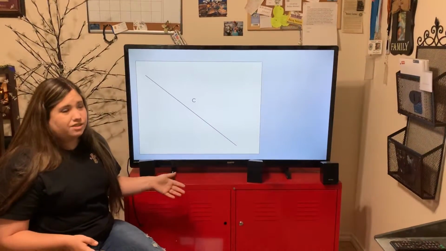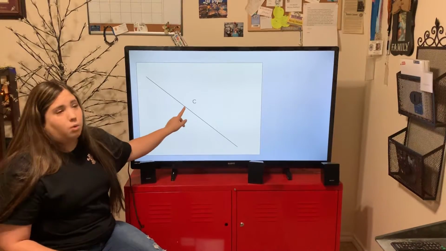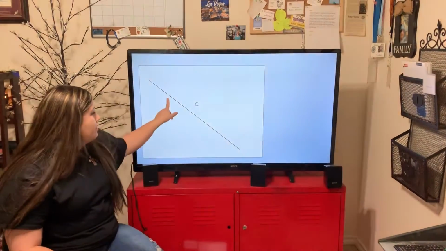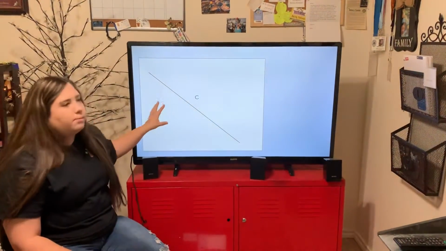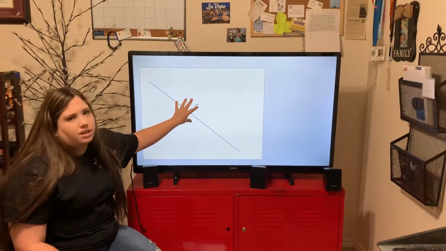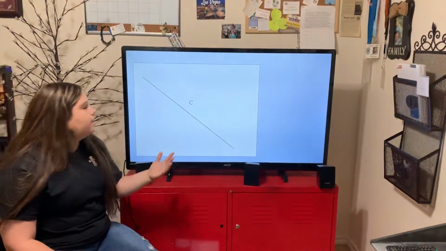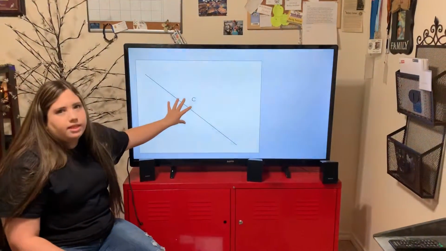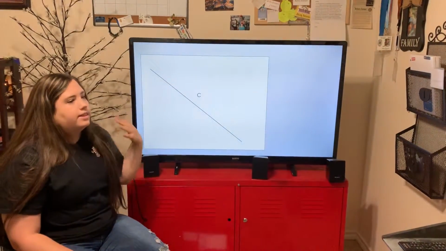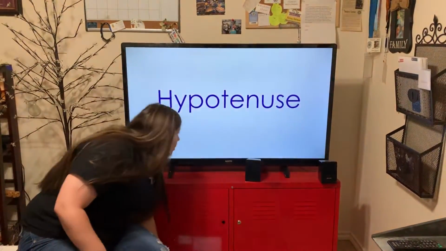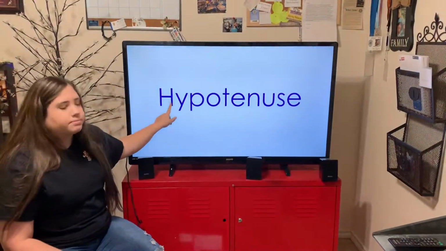Especially if you have fifth graders, that is a really big word. So that's why I keep using hippo. So you have the hypotenuse, and you want to make sure it looks just like the hypotenuse. So for this flashcard, we can see that it's a line. We can think of what it is, and we're going to say it's the hypotenuse. And on the back of the card, you have hypotenuse.